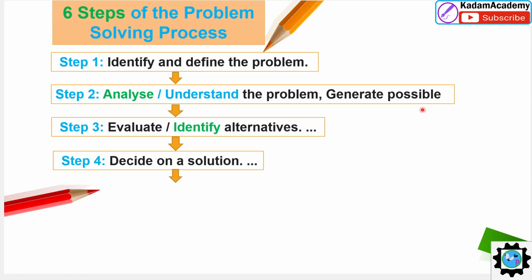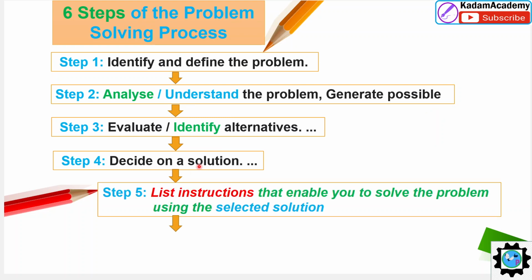These alternatives we have to put in front of the team, or if you are working individually, you have to decide on the perfect, correct solution. The next step is a list of instructions that enable you to solve the problem using the selected solution. And the last, step 6, is to evaluate the solution.